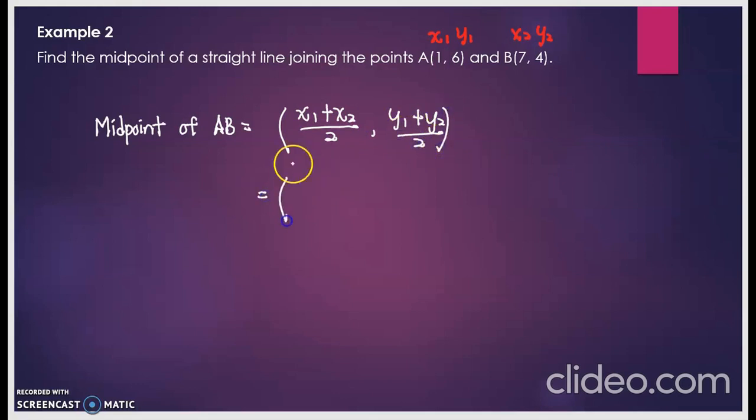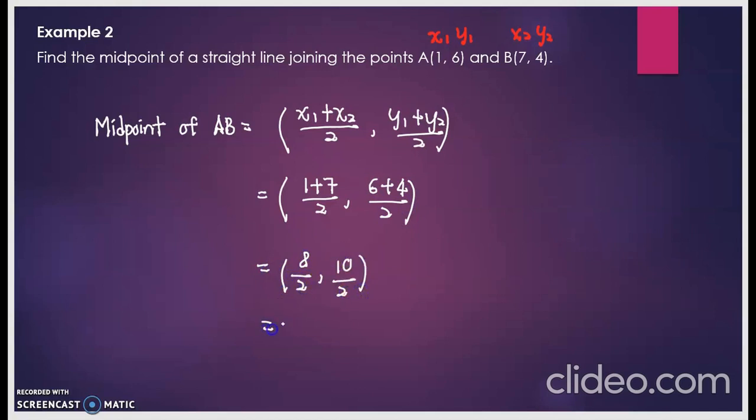From here, my x1 is 1 and x2 is 7. So it means 1 plus 7 over 2, y1 plus y2 over 2. So y1 is 6, y2 is 4, over 2. From here, I should have 8 over 2, 10 over 2. So the coordinate will be 4 and 5.